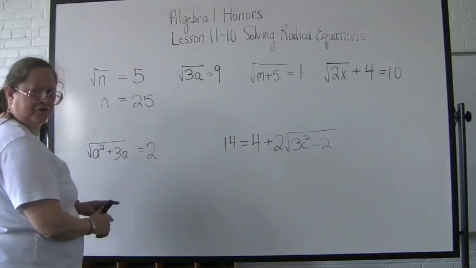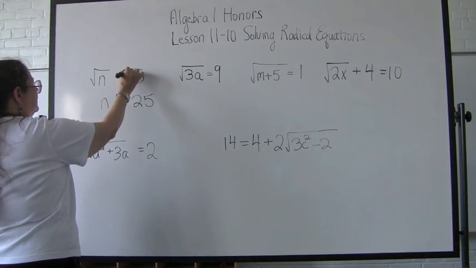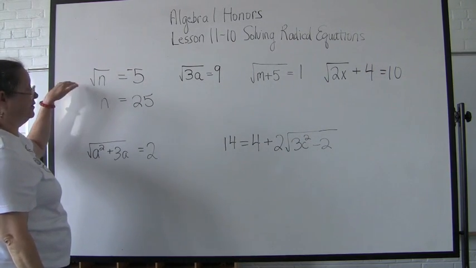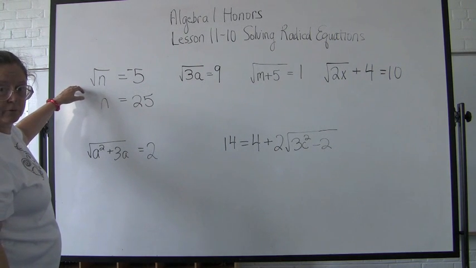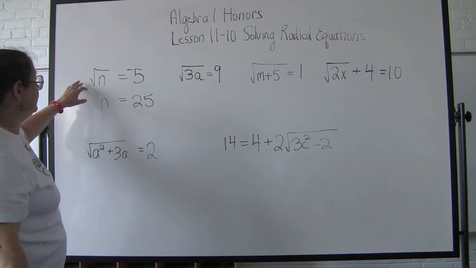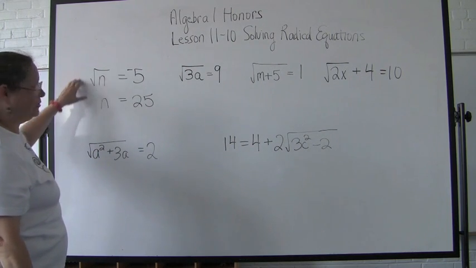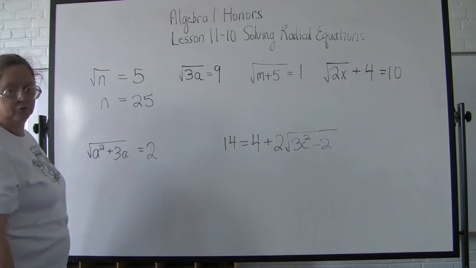So, if you ever see something like square root of n equals negative 5, without the minus out here, there's no answer to this. When you get into Algebra 2, you'll go into imaginary numbers, and then there will be an answer. But for right now, the square root of a number with no minus out here has got to be a positive number or 0. Square root of 0 is 0.